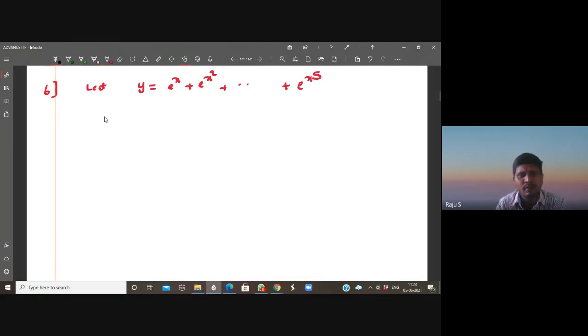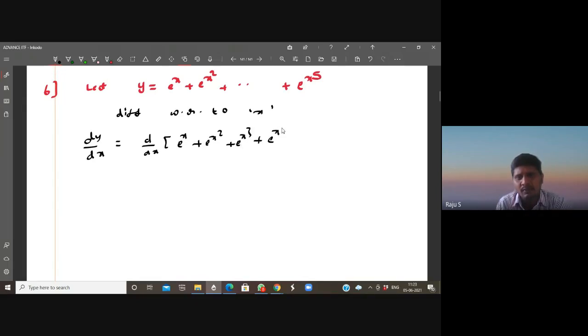Now differentiate with respect to x on both sides. The left side is clearly dy by dx. The right side is d by dx of e power x plus e power x square plus e power x cube plus e power x power 4 plus e power x power 5.